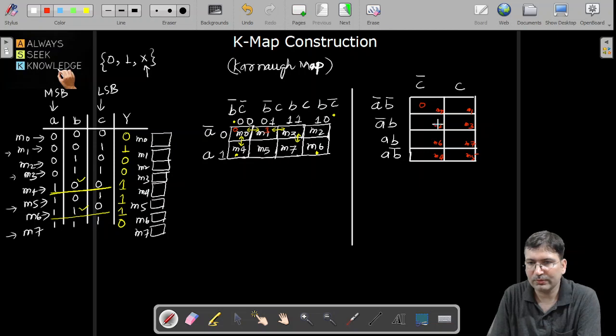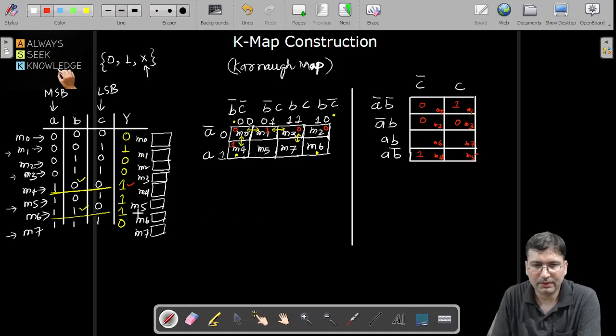So M1 is 1, then we can fill it here. M2 and M3 are 0, so M2 is 0, M3 is 0 in this arrangement. Now M4 is 1, so M4 is here in this arrangement, it is 1.